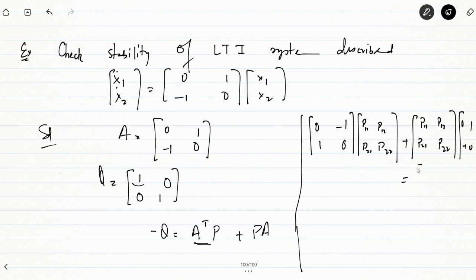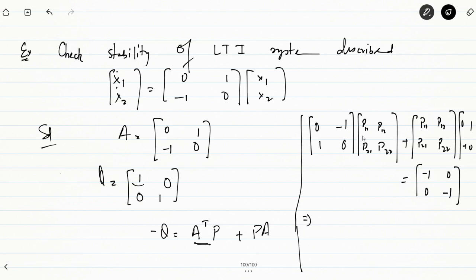This is equal to minus Q, and minus Q means this becomes minus 1 0, 0 minus 1.